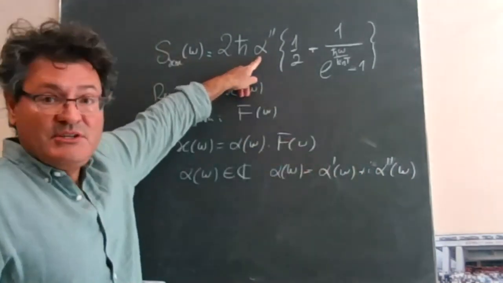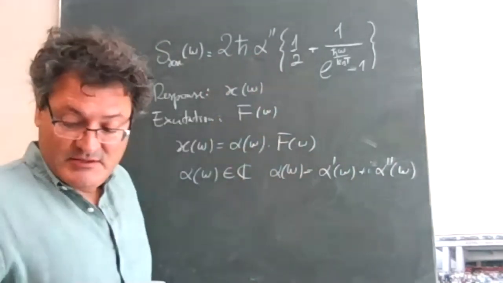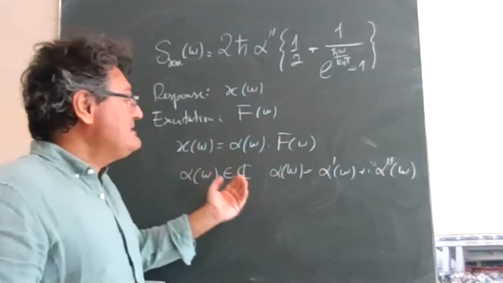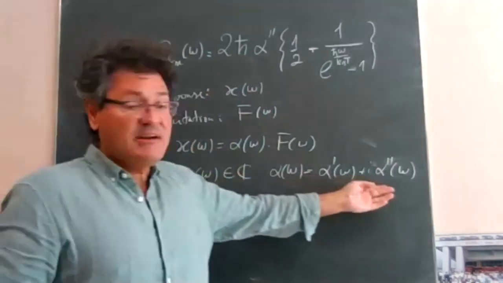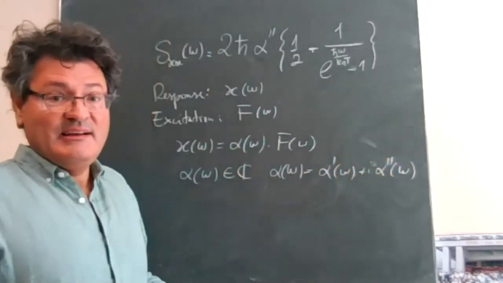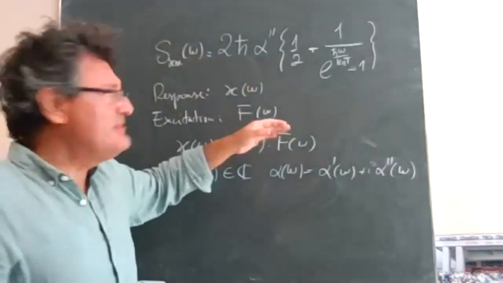So here, in the fluctuation dissipation theorem, we do not take the susceptibility as a whole, but we take just the imaginary part of it. This is not a choice, it's a theorem.